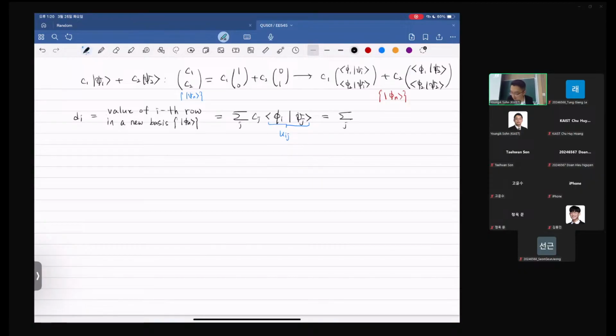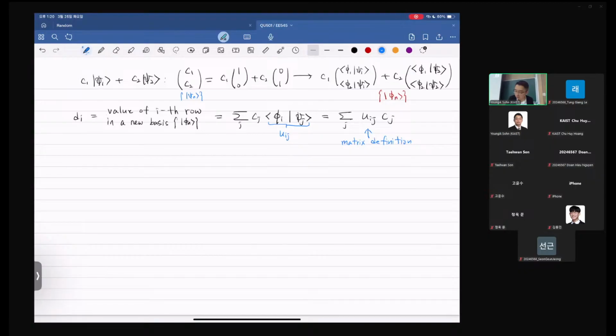Once you see this expression, it's something you already have learned. It's linear algebra, the matrix definition. The way you calculate the matrix is exactly that, right?